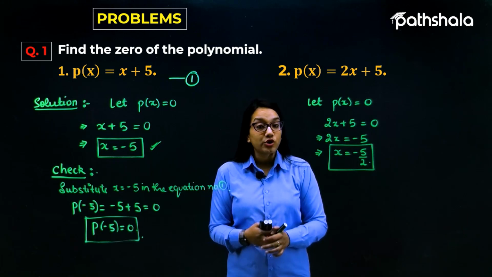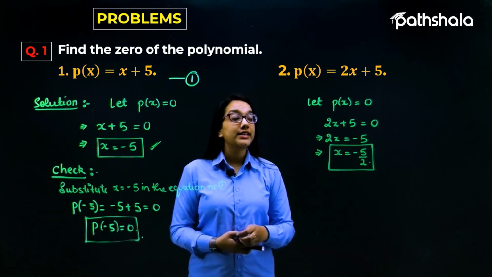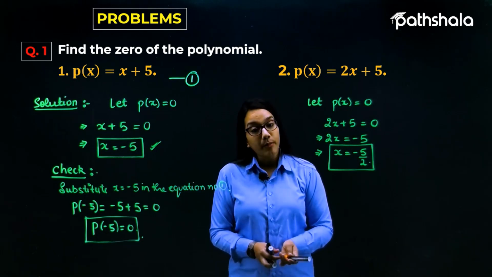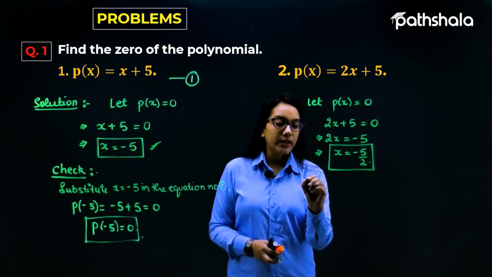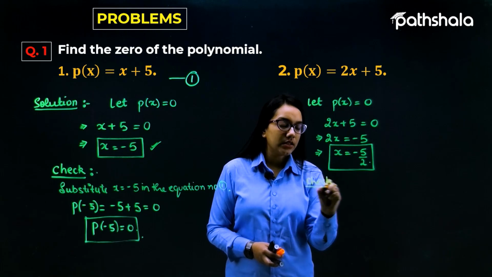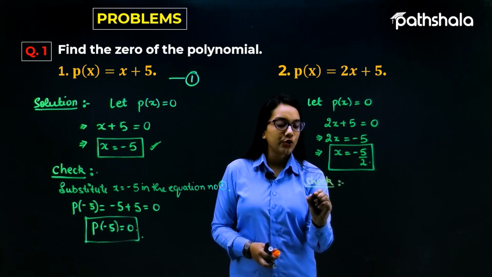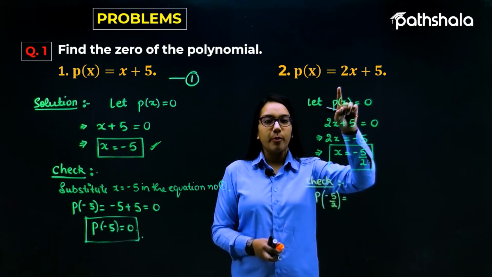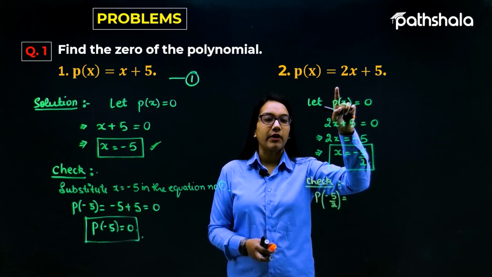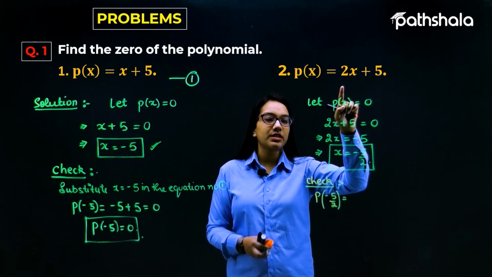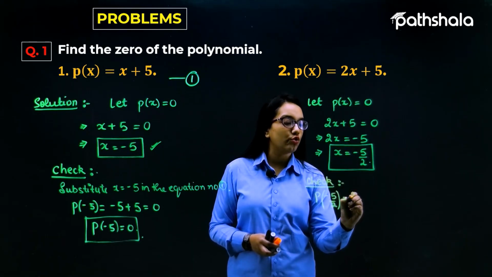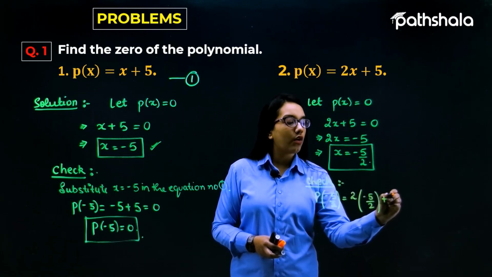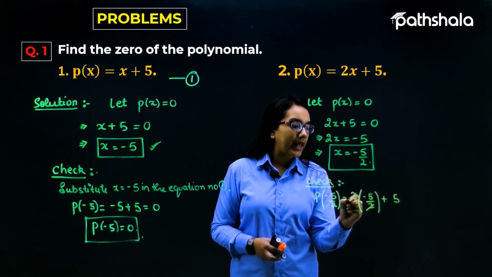Now again, we have to check whether the solution that we are getting is correct or not. So substitute x is equal to minus 5 by 2 in the polynomial function again. The polynomial function is 2x plus 5. Let's substitute x is minus 5 by 2 in this function. So it is 2 times minus 5 by 2 plus 5. The 2 and 2 get cancelled with each other.